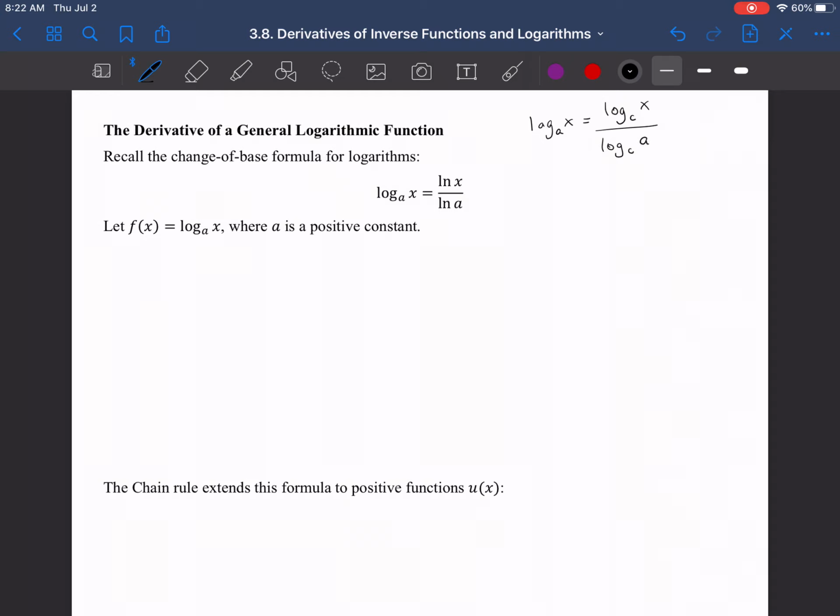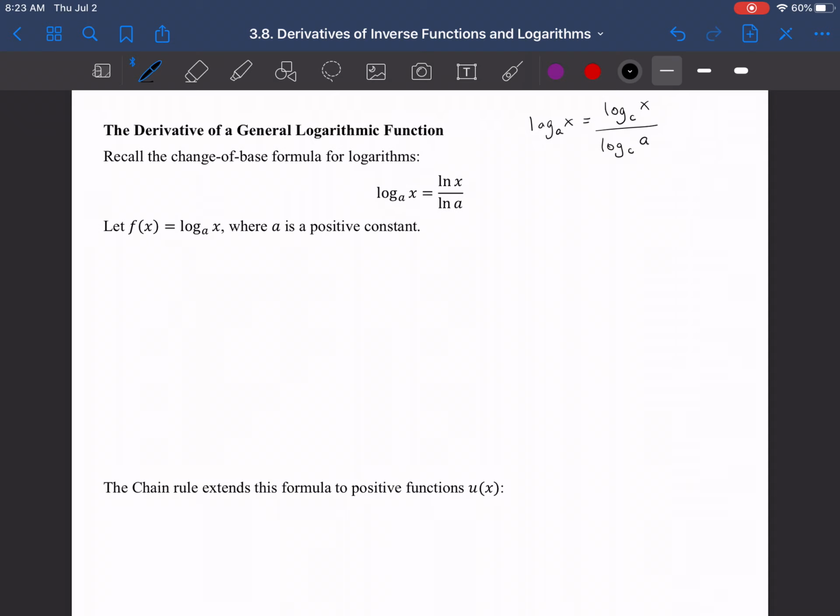So in this case, what we're doing is just choosing e for c. We're choosing a new base of e, and so natural log of x over natural log of a. And so that's one way you can always type these in.